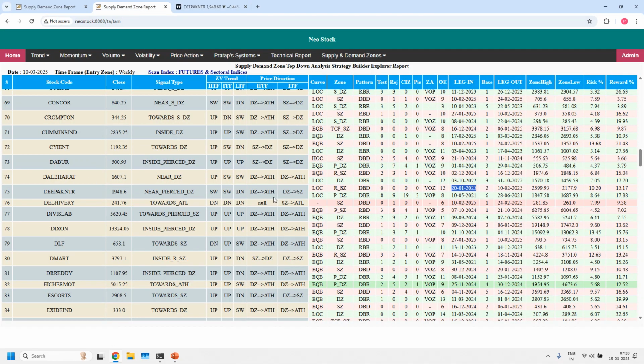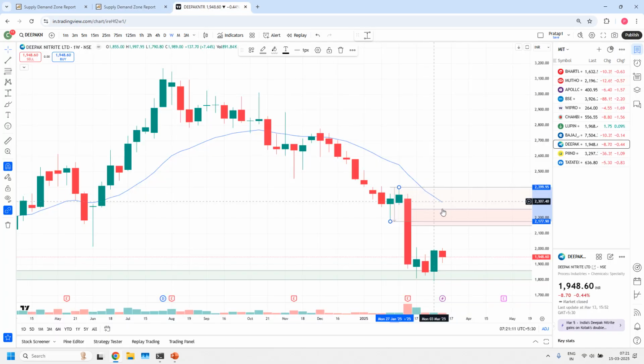Let us see what is Deepak Nitrate's weekly trend. Weekly trend is also downtrend. Only monthly trend is sideways, quarterly is sideways. So that's why this will be listed for the EMA confluence. That we will see later. First of all, zone confluence is there.